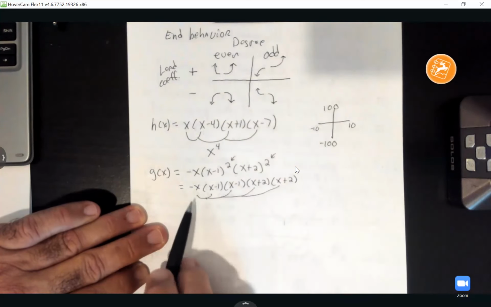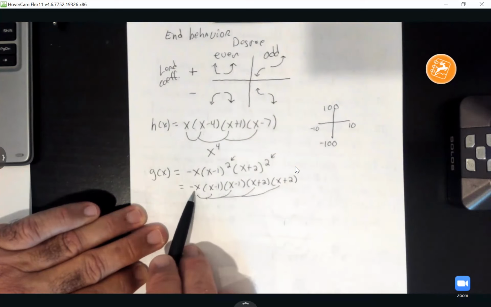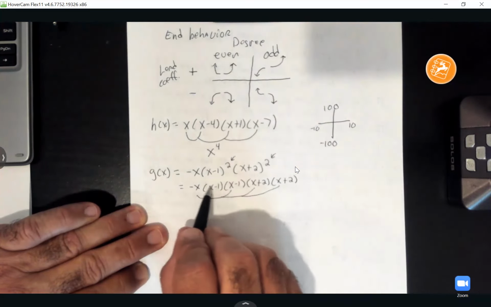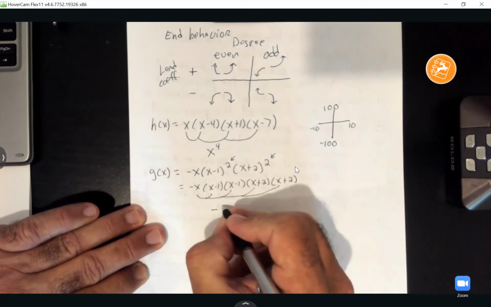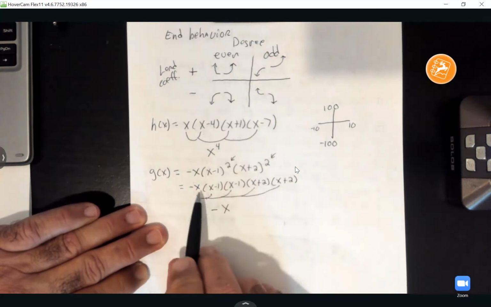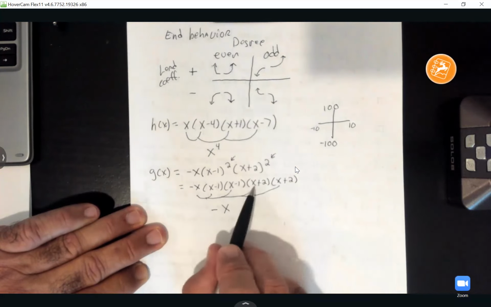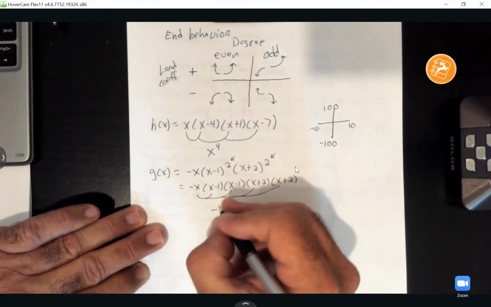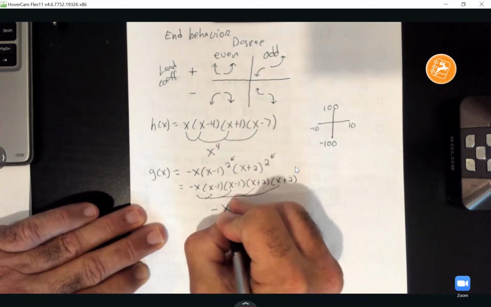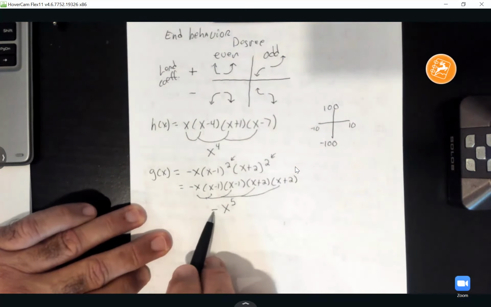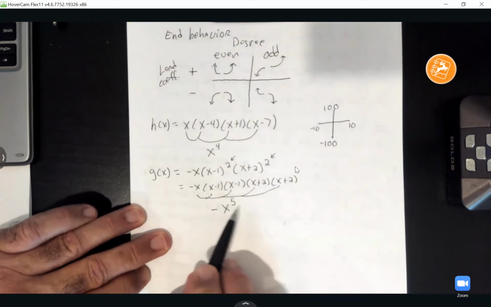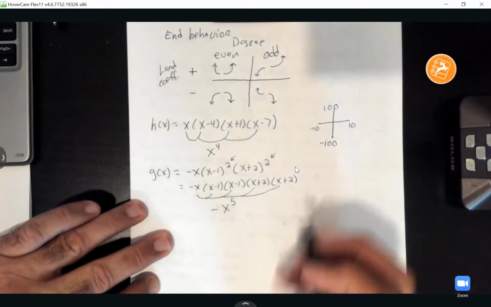So now let me multiply all these X's together. And y'all look at one thing. This first X is negative. So since I got a negative and all the rest of the X's are positive, that's going to end up being a negative X. And let's say I got 1, 2, 3, 4, 5 X's. So that's going to give me a negative X to the 5th, which means I got a negative lead coefficient and an odd degree.